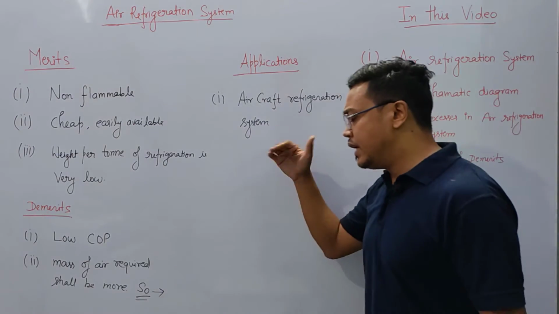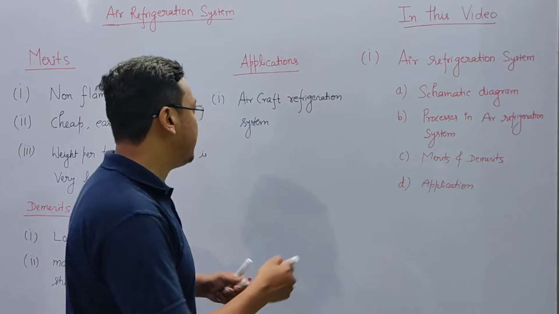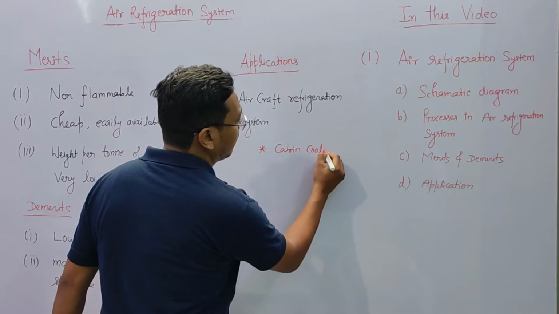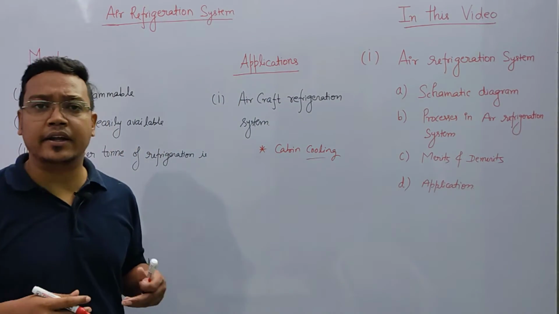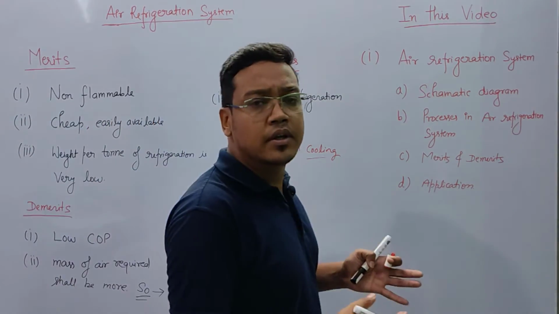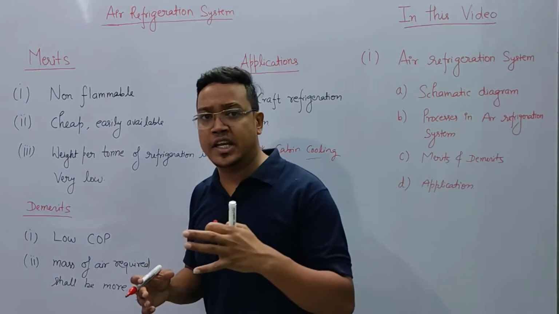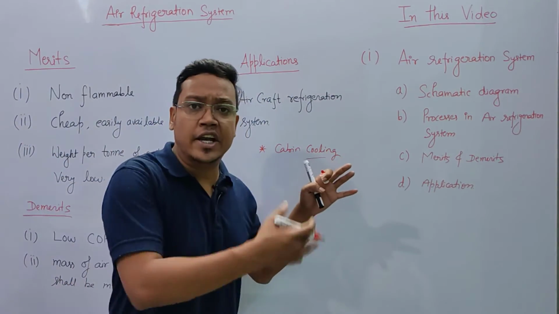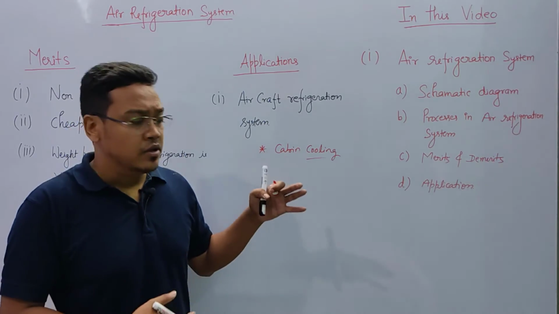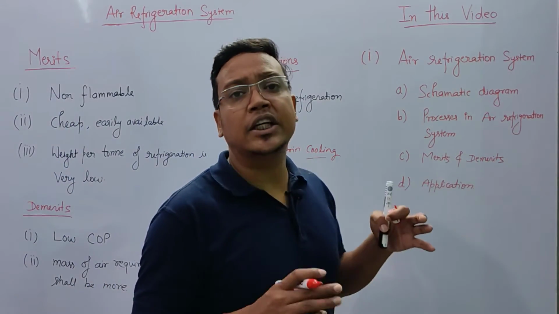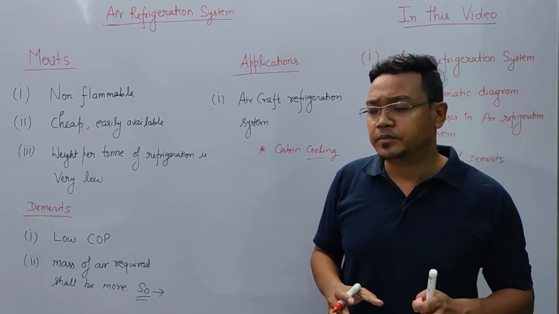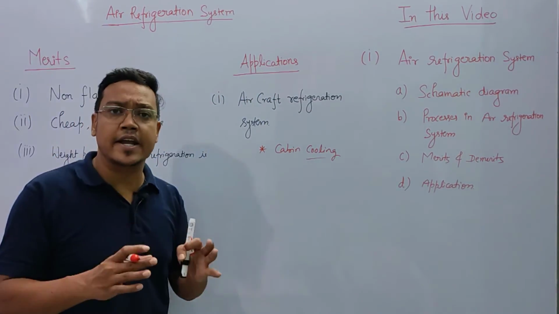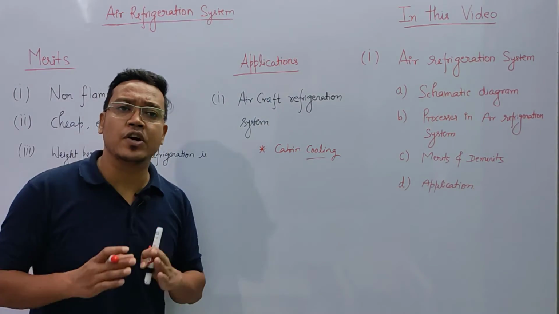Because in an aircraft refrigeration system there is a cabin cooling system. Cabin cooling means we require that the cabin should be cooled, because there are so many machineries, hardware and software, and the heat will generate in the cabin. So a low temperature should be maintained in the cabin. However, we will study this aircraft refrigeration system in detail in future videos.